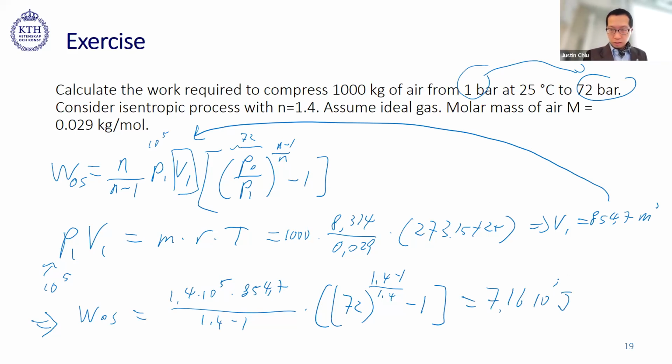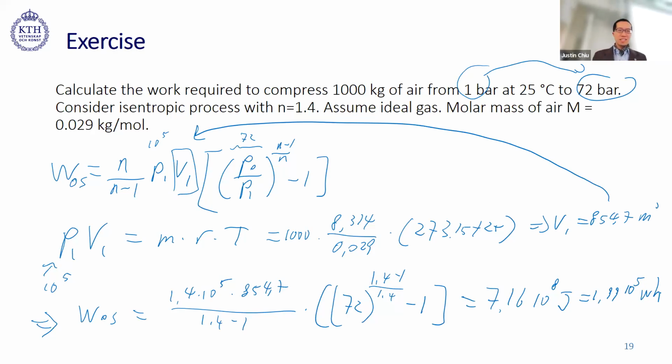And then also in engineering, very likely we will put everything in kilowatt hour, megawatt hour, gigawatt hour. So to convert joule to watt hour, we divide by 3,600. And then this would give us 1.99 times 10 to the power of 5 watt hour, or roughly 200 kilowatt hour, right?